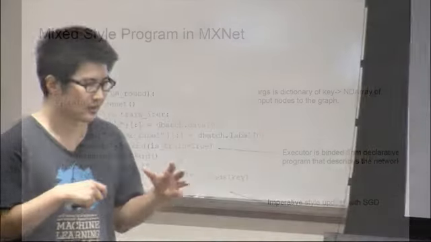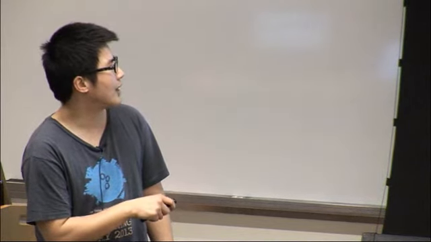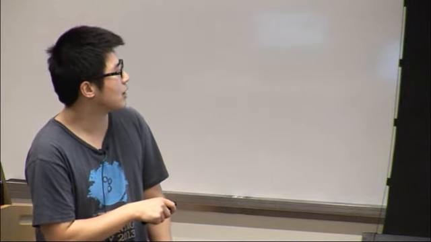You write an imperative loop here, and we have a dictionary that maps the string key of each input to the corresponding array. So every iteration, you copy your input to the corresponding arrays. That's the imperative step.